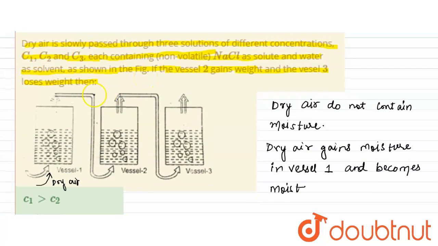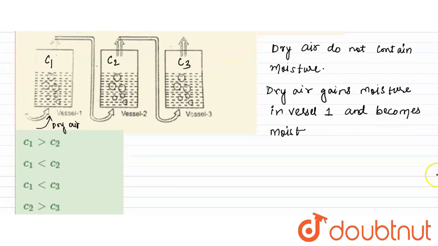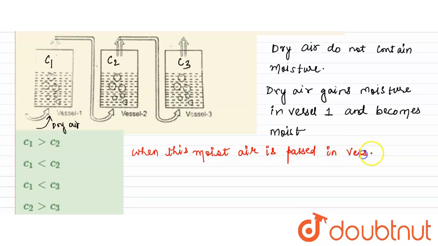Now, what is said is that the concentration of solute here is C1, here it is C2 and here it is C3. Now when this moist air is passed into vessel 2, because dry air has become moist, what happens?